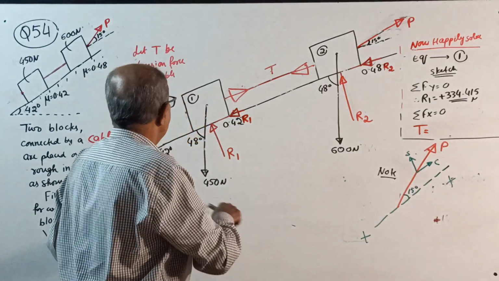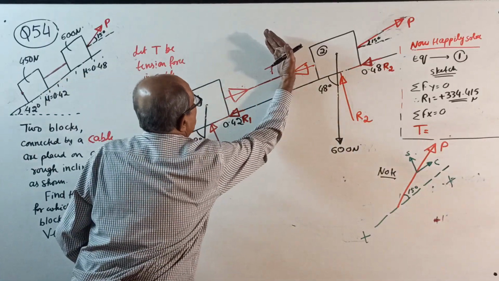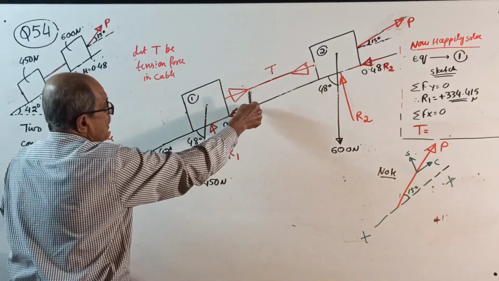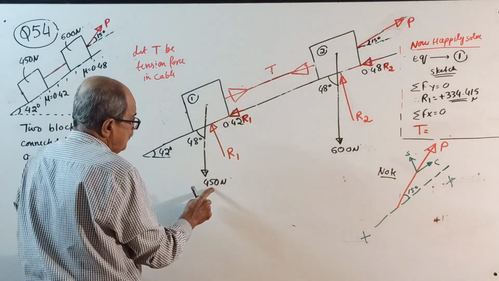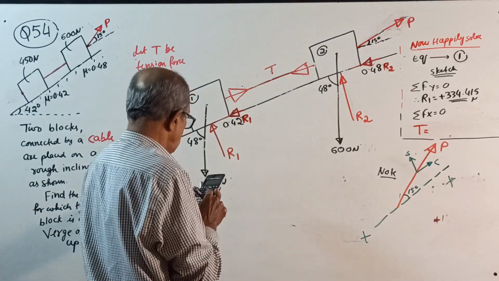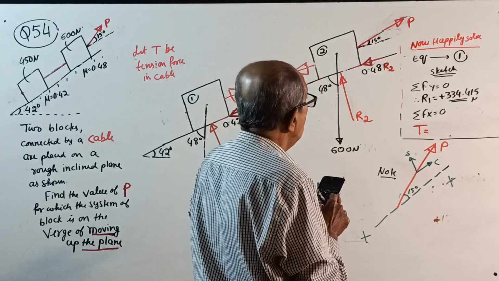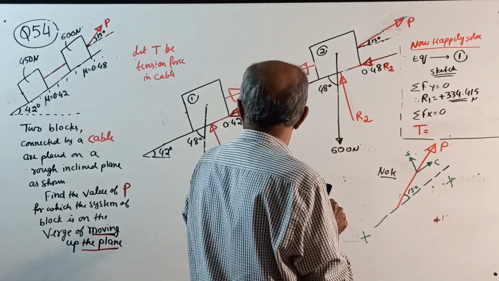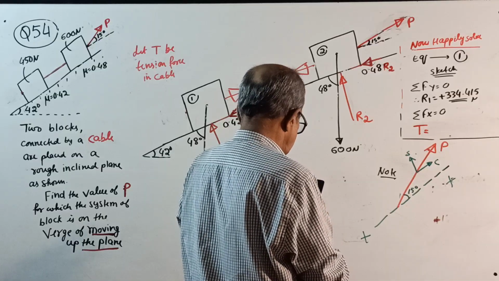Okay, start. Sigma Fx = 0: plus T minus 0.42 R1 minus 450 cos 48 equal to 0. So, 0.42 into R1, 334.415, plus 450 into cos 48.